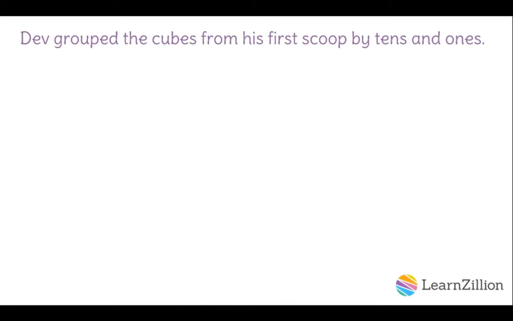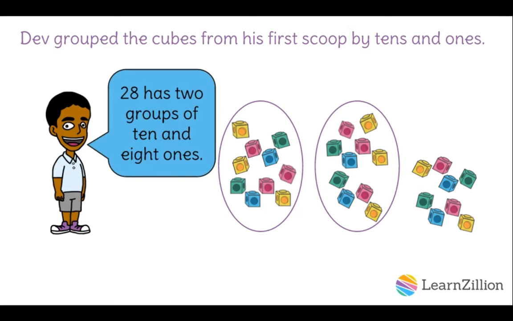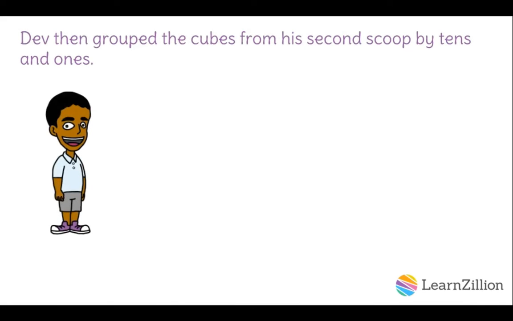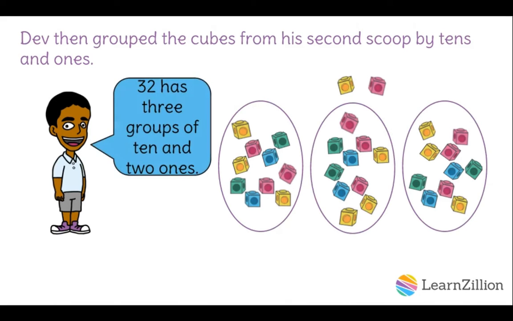Dev grouped the cubes from his first scoop by tens and ones. 28 has 2 groups of 10 and 8 ones. Dev then grouped the cubes from his second scoop by tens and ones. 32 has 3 groups of 10 and 2 ones.